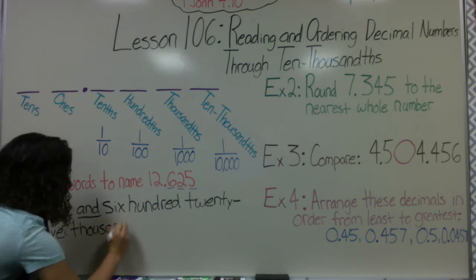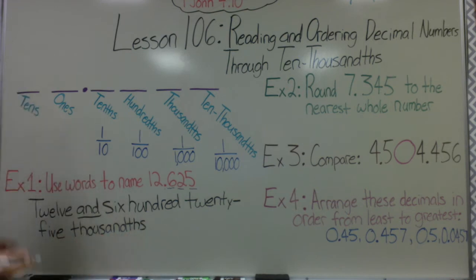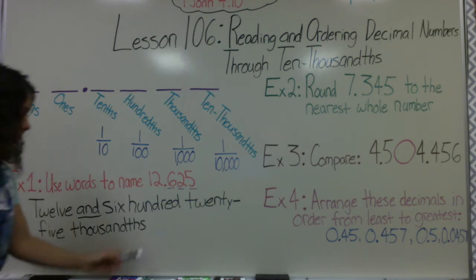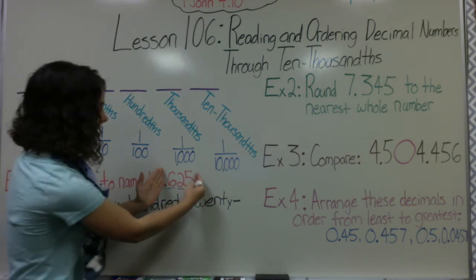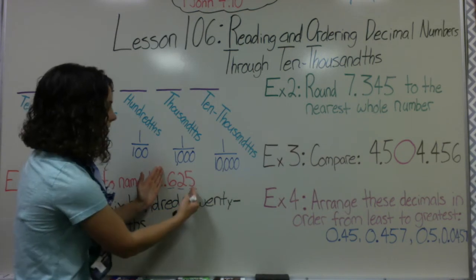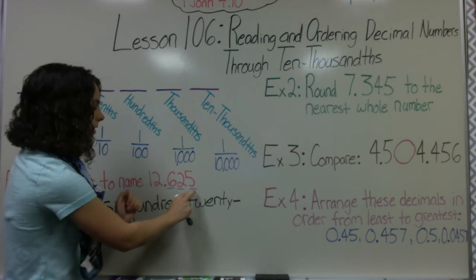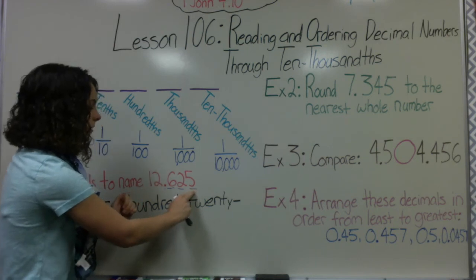Thousandths. So it's 12 and 625 thousandths. Again, we read our digits after our decimal point like we normally would, 625. Then we just read the last place value. That's the only difference. So we need to know our place values of our decimal numbers.